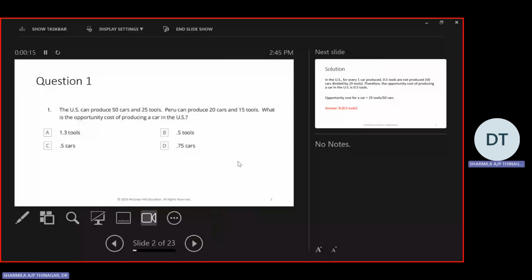This is based on what we have done just now, what we completed in the morning. The first question: the US can produce 50 cars and 25 tools. Peru can produce 20 cars and 15 tools. What is the opportunity cost of producing a car in the US? I give you 2 minutes. Calculate it and find the answer.